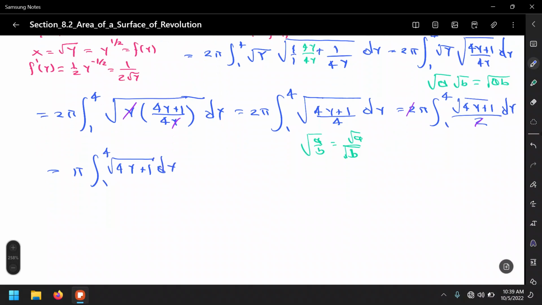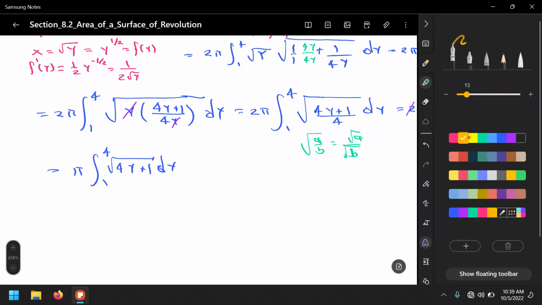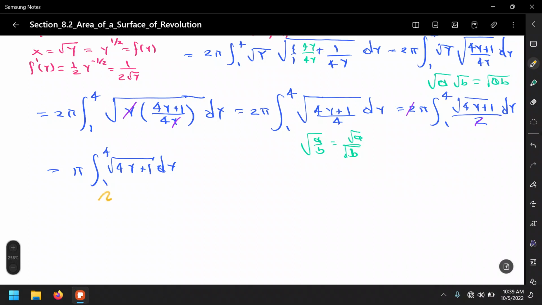This integral we can compute using the method of substitution, in this case u equals 4y plus 1, du equals 4 dy, which means dy equals 1/4 du.